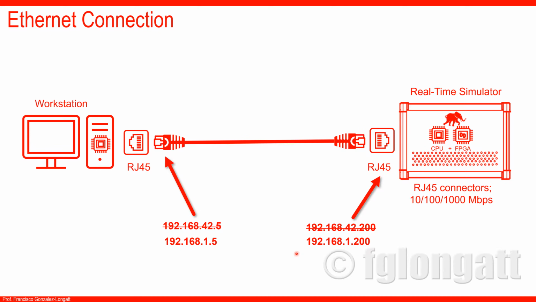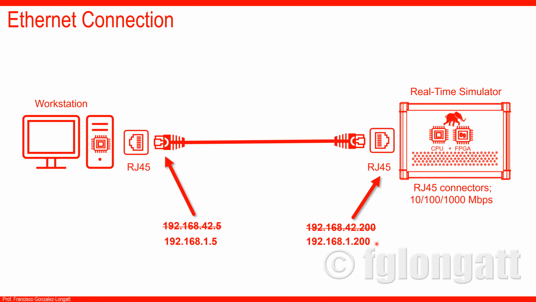But you must remember something. When you change the IP address of the HIL604, you will lose the connectivity. Because you are changing the IP, and your workstation will still be in another domain different from this new IP address.